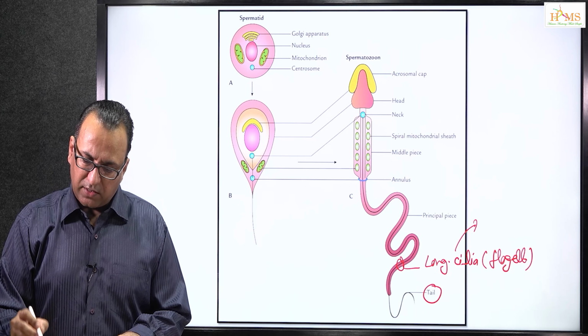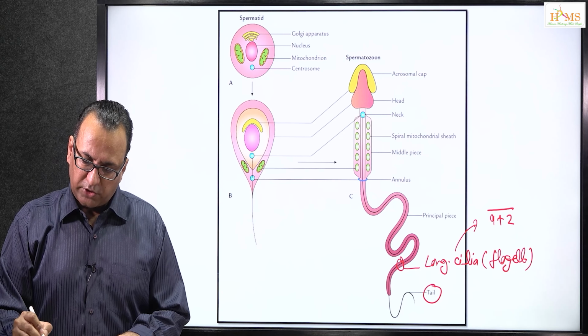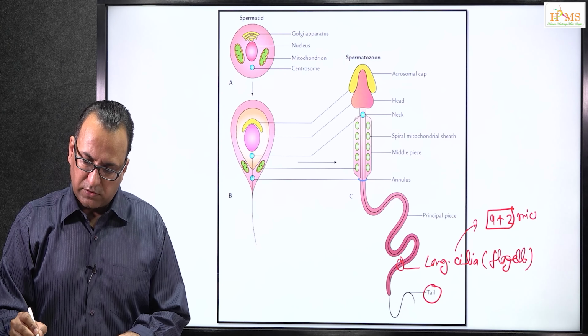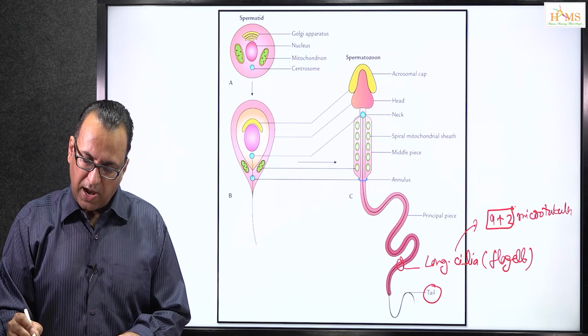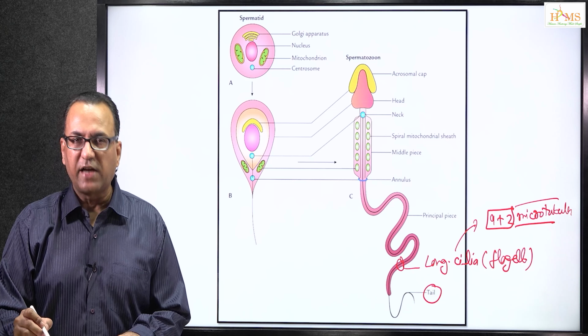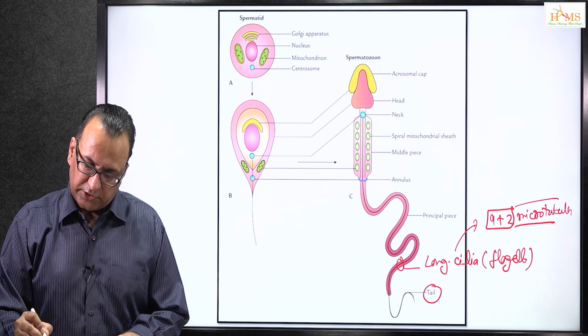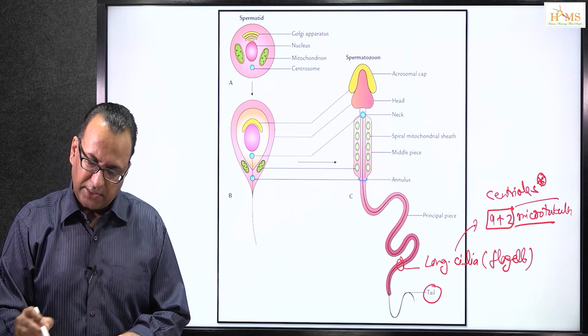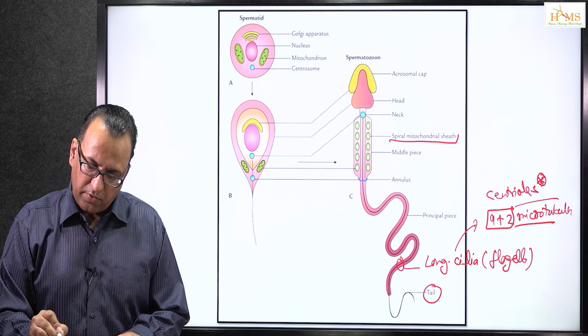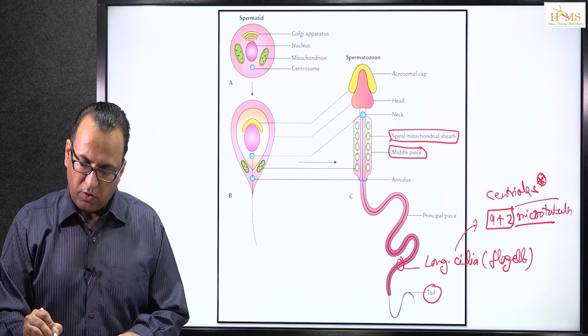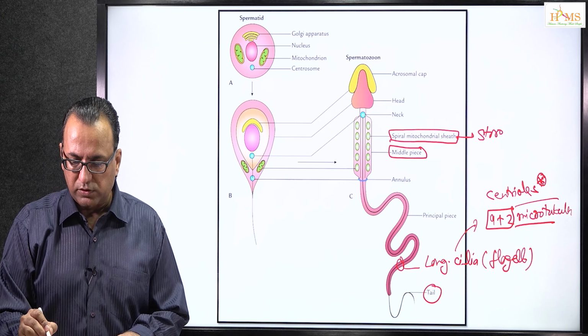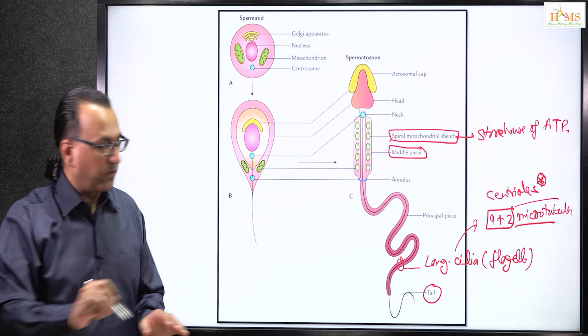It will have the 9+2 structure of the microtubules, which will help it in movement, and this is all provided by the centrioles. And you can also mention that there is one tight sheet of mitochondria in the middle piece. Mitochondria, we know, is the storehouse of energy, that is the ATP, which is required for the survival of the sperm.